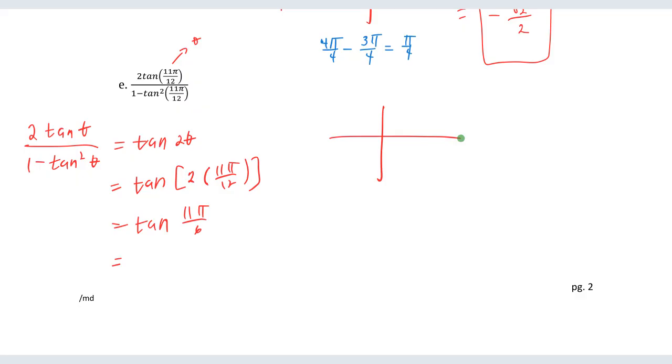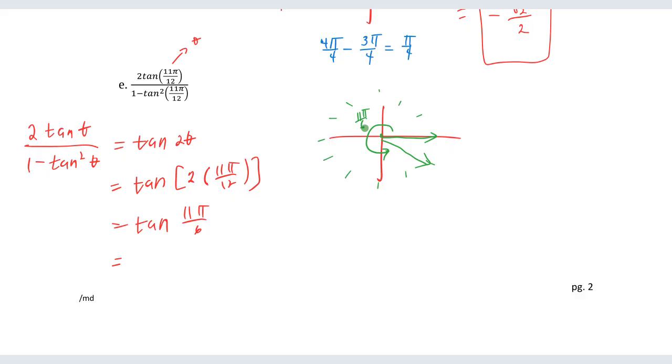But multiples of 30 degrees, or multiples of pi over 6. Okay, so initial side here. So we have 1, 2, 3, 4, 5, 6, 7, 8, 9, 10, 11. So it's over here. So this is 11 pi over 6.